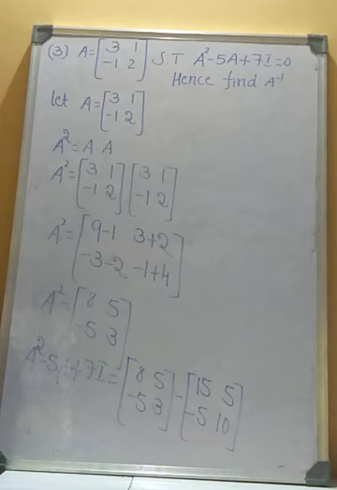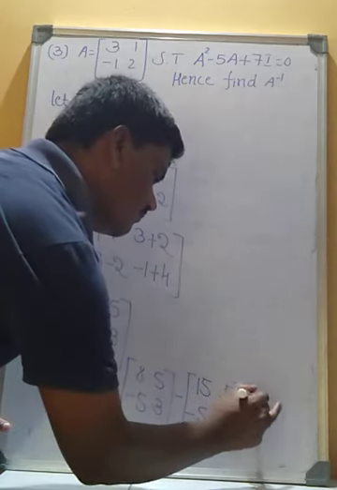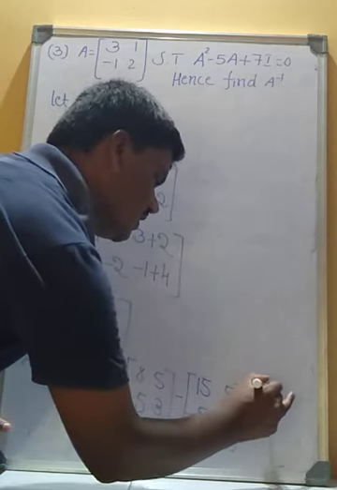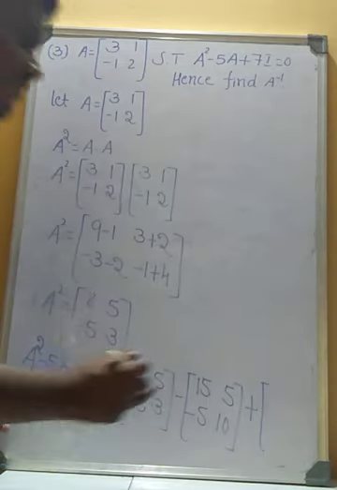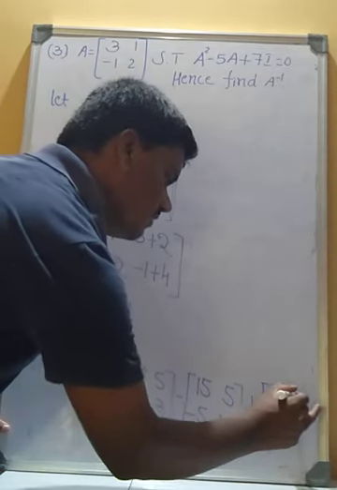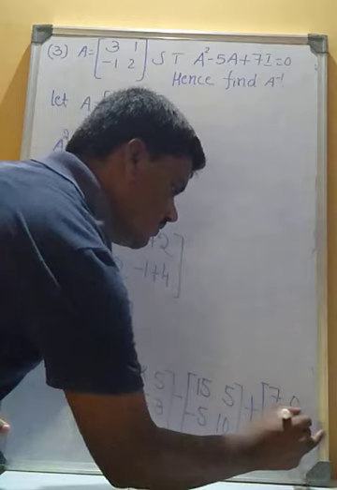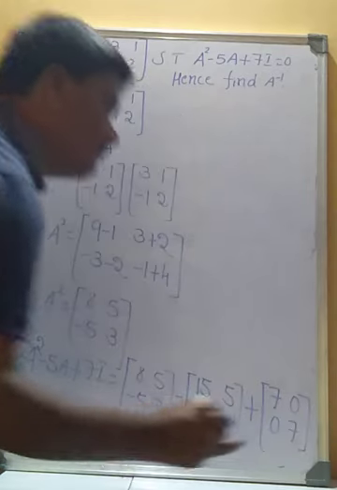The next, plus 7 into I, which is the identity matrix 1 0, 0 1, gives 7 0, 0 7.